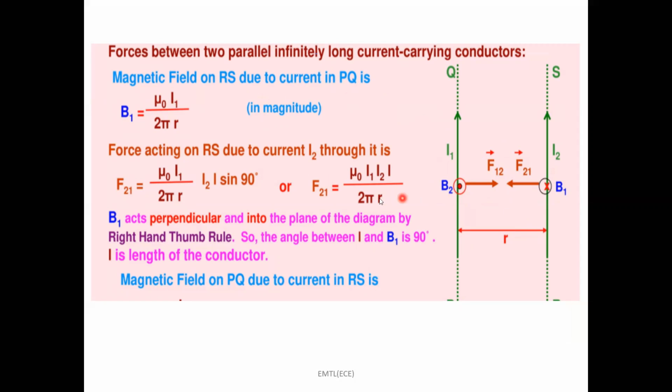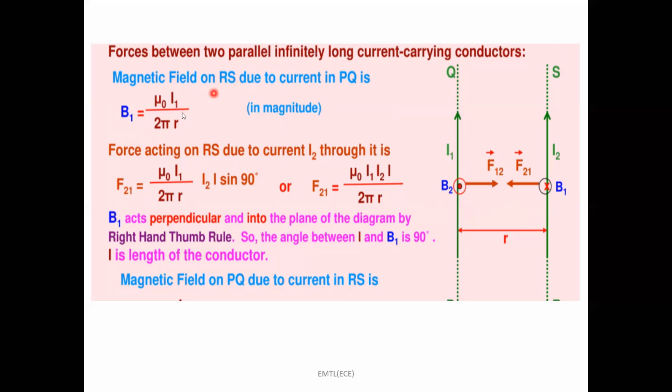Now it is at a distance R. As we already discussed in Biot-Savart's law, the magnetic field developed due to a current carrying conductor is expressed as B is equal to mu naught I1 by 2 pi R. Here, this is the magnetic field at RS conductor due to PQ conductor.